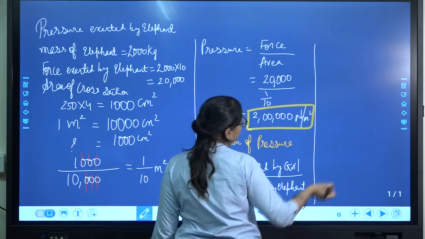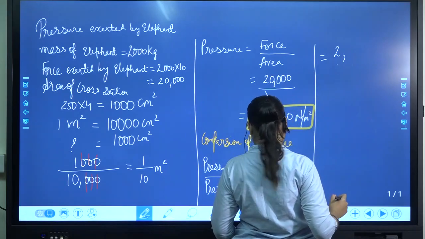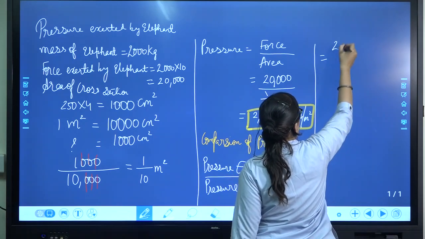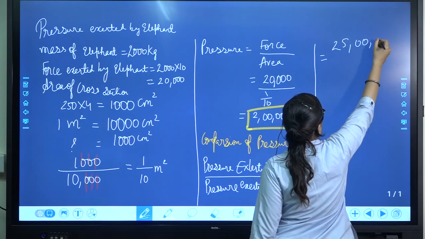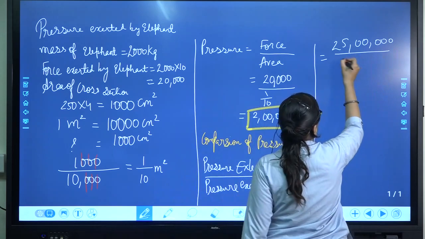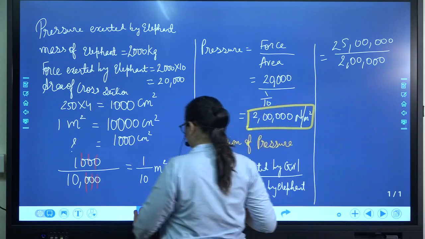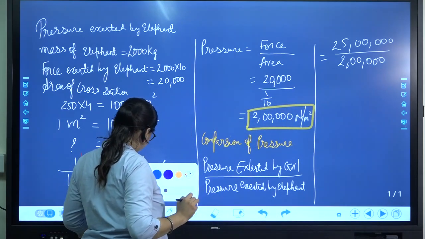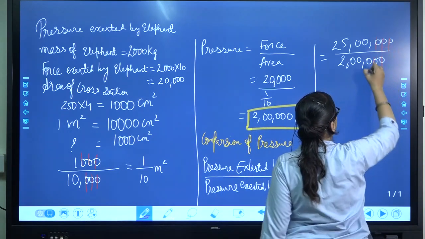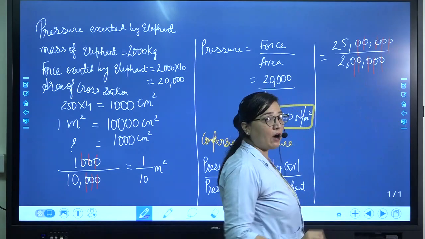Is what? Pressure exerted by girl is 25 lakh. That exerted by elephant is 2 lakh. Now cancel the zeros, one zero, then again one more zero. 5 zeros are now cancelled.